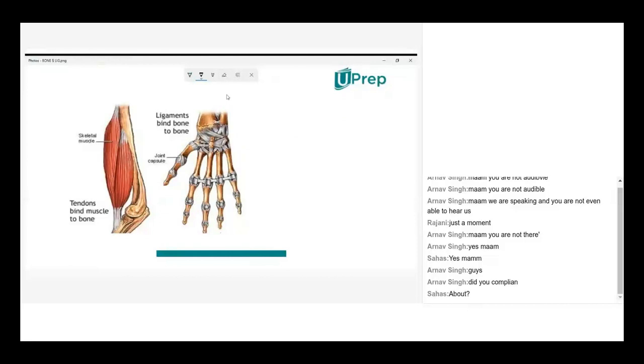Sorry, excuse me, just disturbed with the connectivity. Ligament stands for the similar. So here they have taken the arm bone where each bone is joined by a ligament. Now when you take the tendon, tendon always goes for the dissimilar.